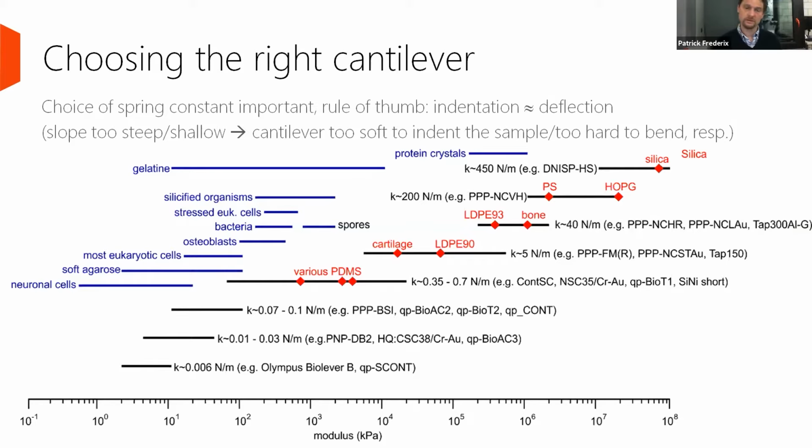So based on such curves, you can get an estimation whether you are in the right range. Indentation approximately equal to deflection, whether it's a factor of 10 harder or more or less, that is not so critical, that we can still measure sufficiently accurately.